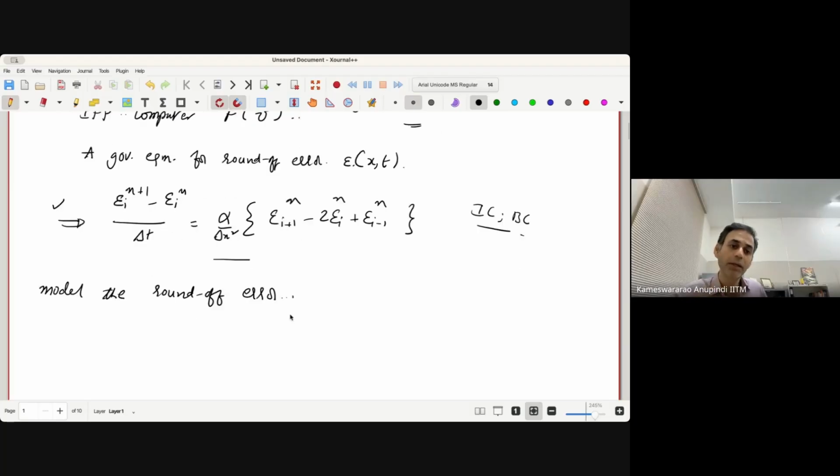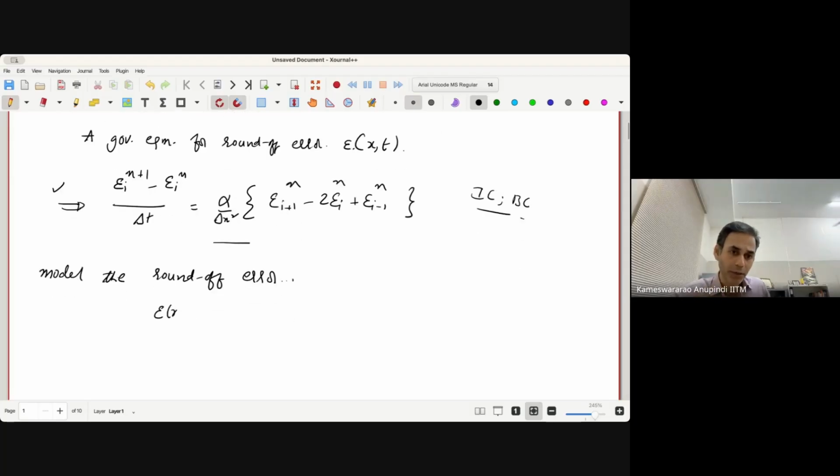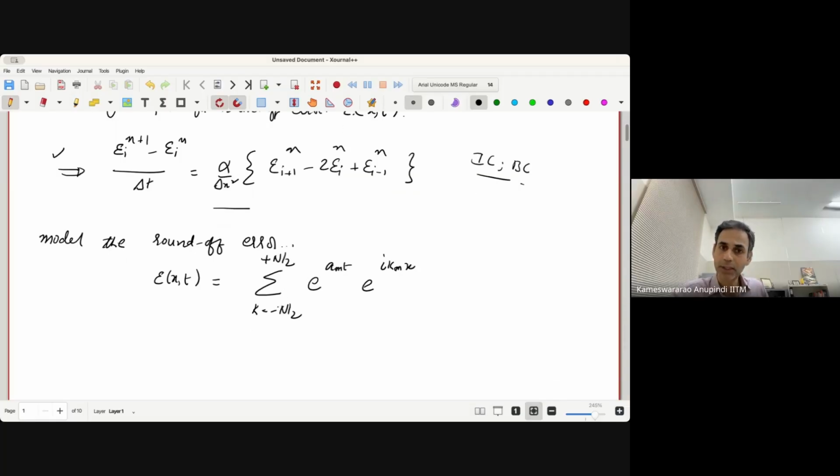As a result, we said this round-off error epsilon, as a function of space and time, can be modeled using an infinite Fourier series. We said e to the power a_m t, e to the power i k_m x, where k was going from minus n by 2 to plus n by 2, or 0 to n, something like that.